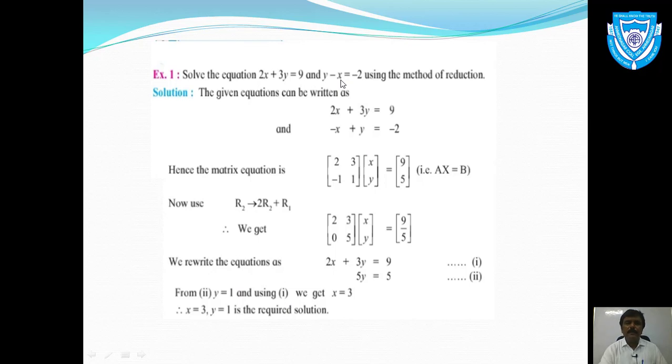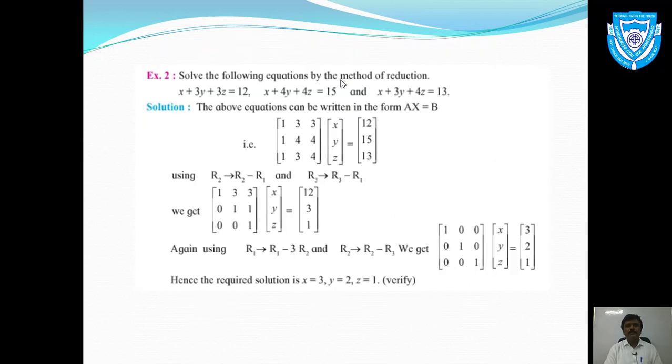Now we'll see what if three equations with three variables are given. To see this, we'll discuss one particular example. Now look at the screen. You can see three equations with three variables are given to us, and we are asked to solve them using the method of reduction.